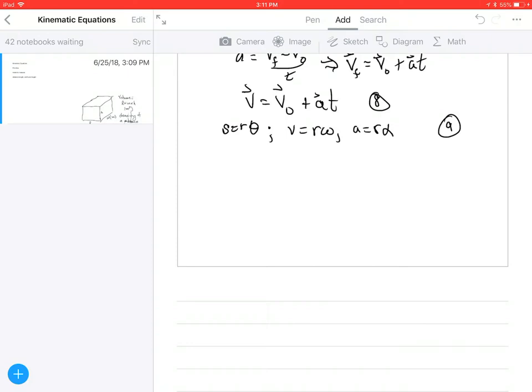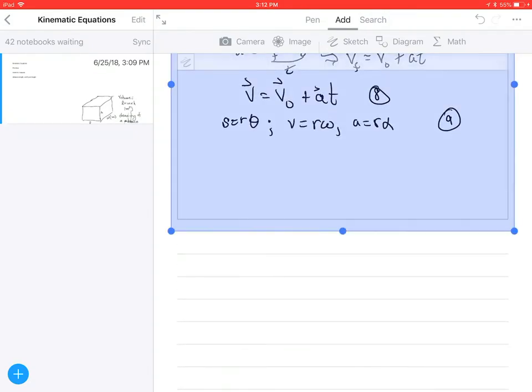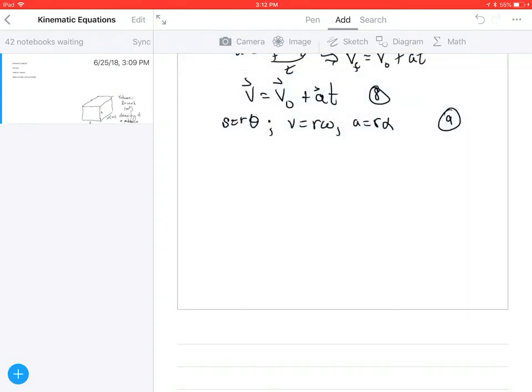So let's go ahead and substitute those in. For the initial velocity here, we can write r omega equals r omega initial plus r alpha times t, and we can just divide both sides by r, and we end up with omega is equal to omega initial plus alpha t.